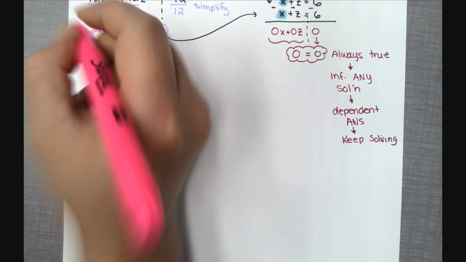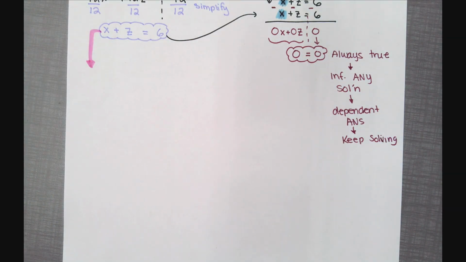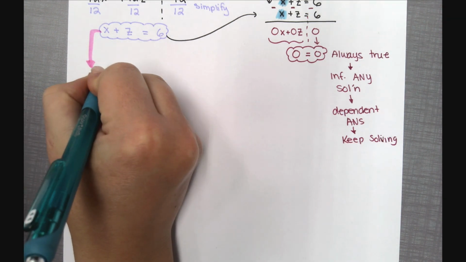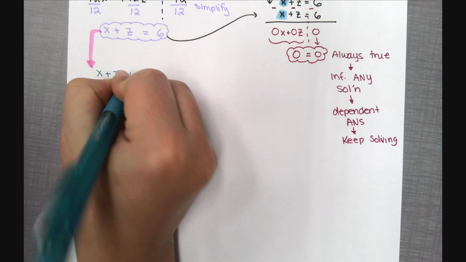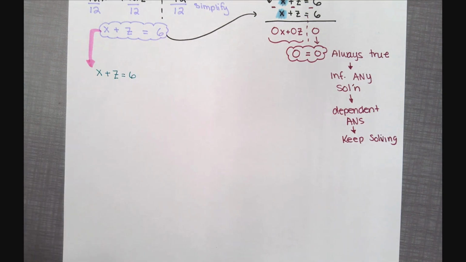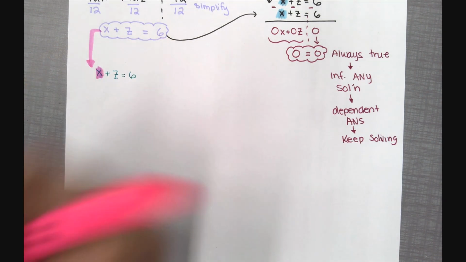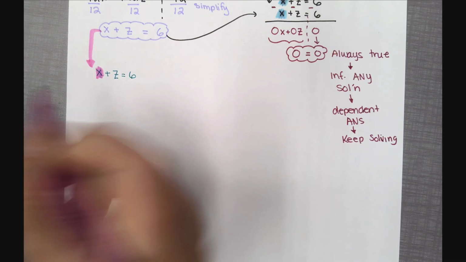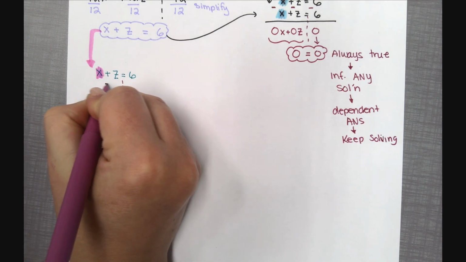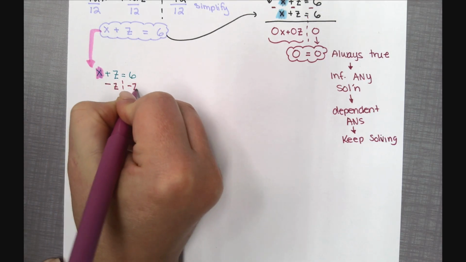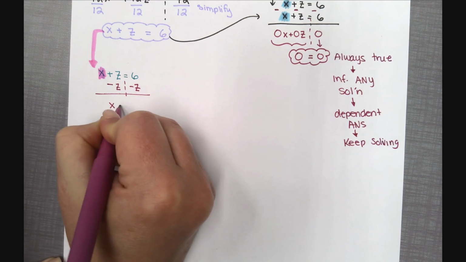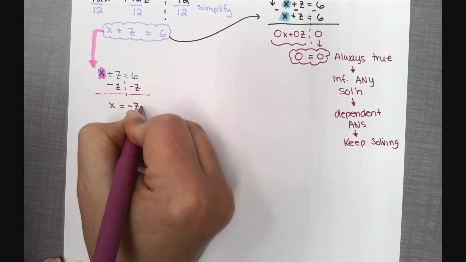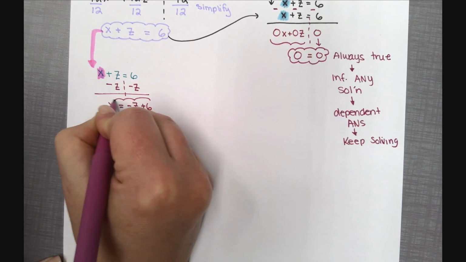Sometimes they match, sometimes they don't. And we have here x plus z equals 6, and I'm going to choose to solve for one of my variables. Now I am going to choose to solve for x, which means that I am going to subtract, dotted line for balance, z to both sides. X is equal to negative z plus 6, thinking bubble.